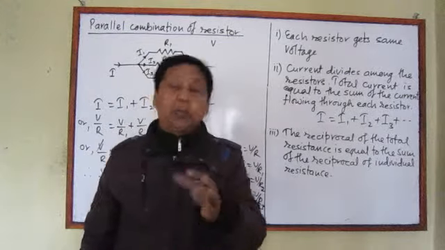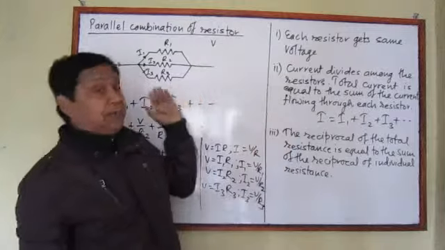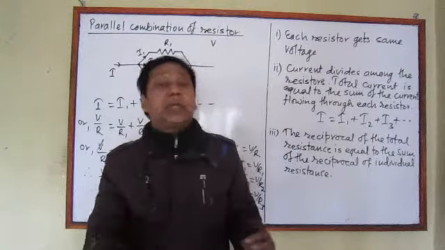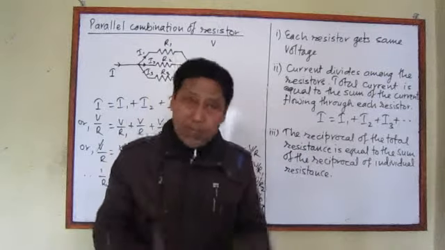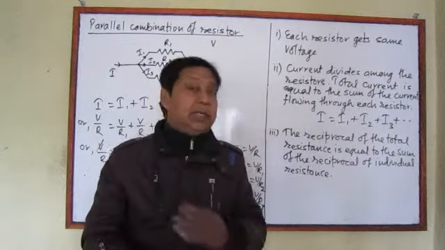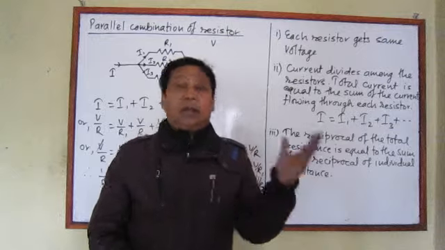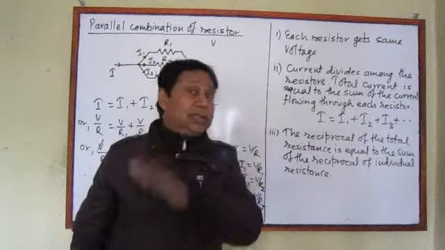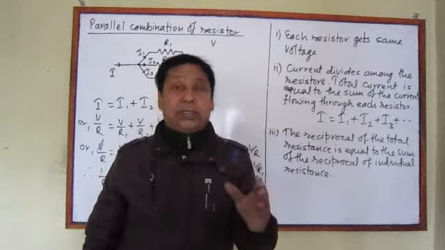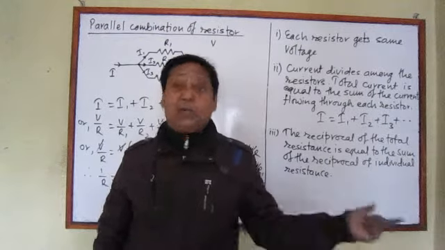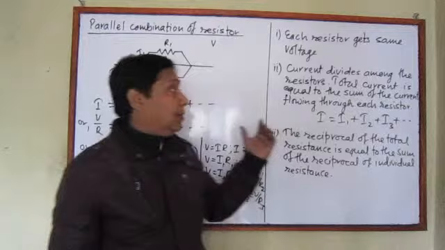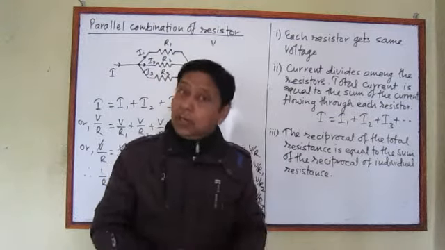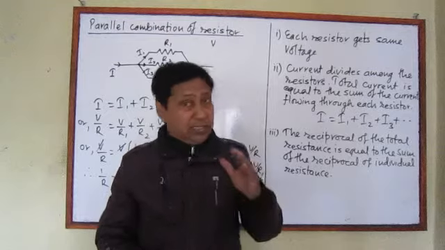First, I told you the definition. How can we define it? When one end of each resistor is connected to a common point and the other end of each of them is connected to another common point, due to which each of them gets the same voltage, then the combination is called a parallel combination of resistors. Next, in this combination voltage does not divide among the resistors; each of them gets the full supplied voltage. Another characteristic is that the current divides among the resistors, and the total current is equal to the sum of the currents flowing through each resistor.